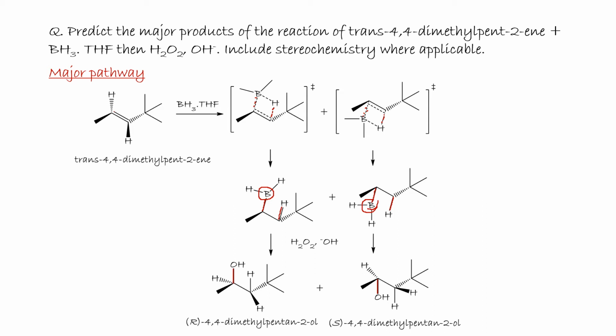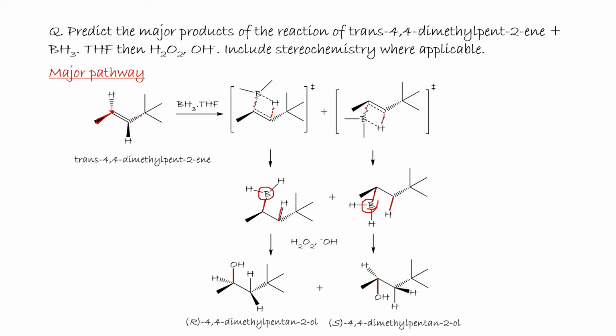We started again with the trans in the plane perpendicular to the screen. So the tertiary butyl group will be in the back, and the methyl group will be in front.